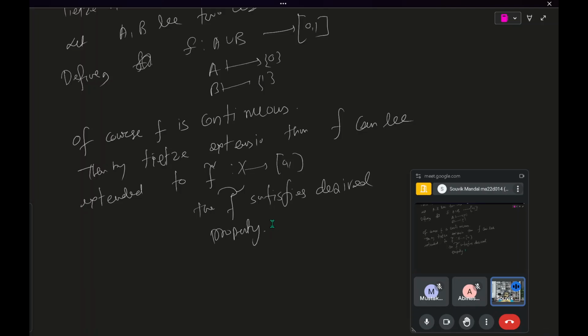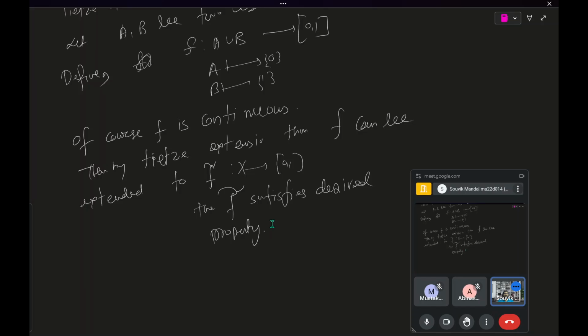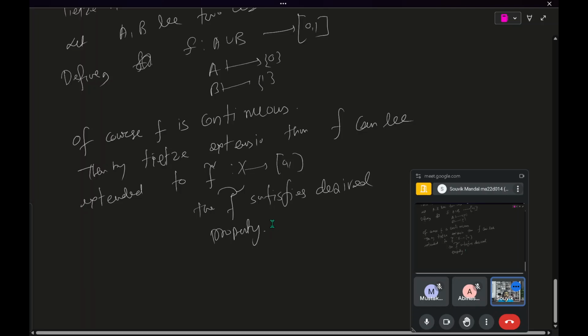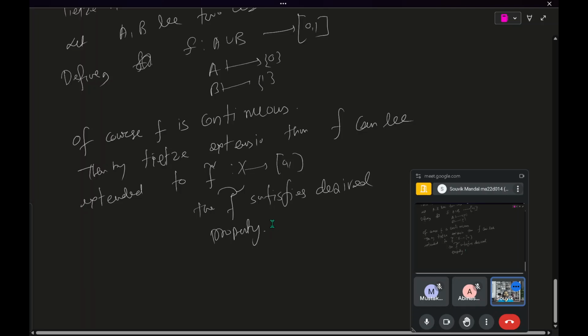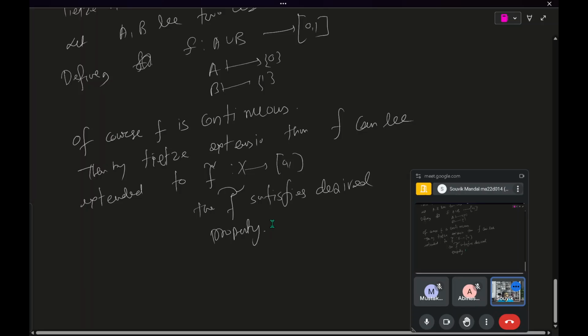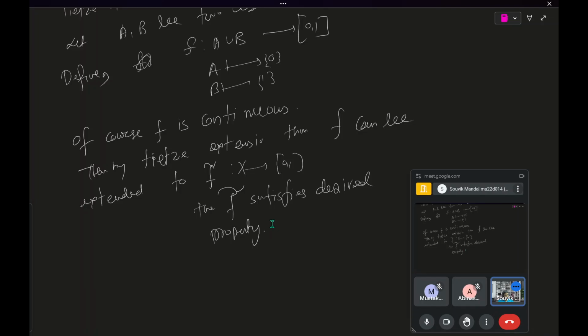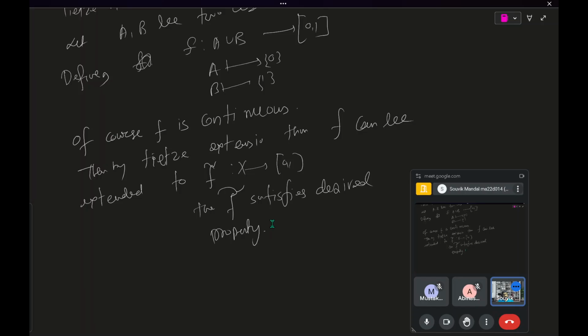So this is the argument. Okay. So till now, is everything clear or any doubt or confusion? Please let me know. Okay.